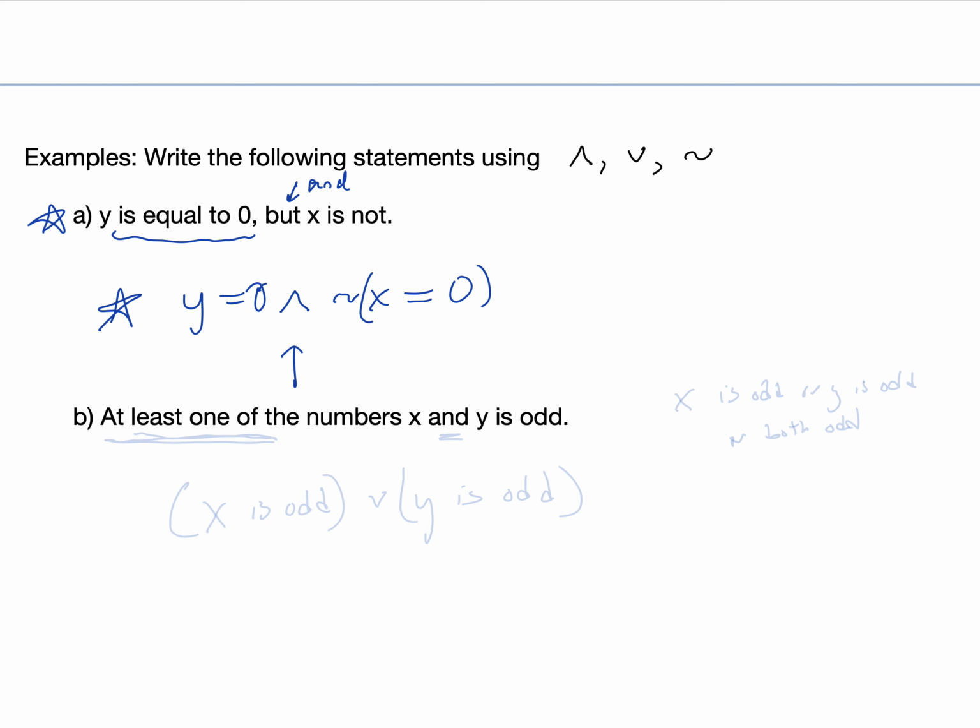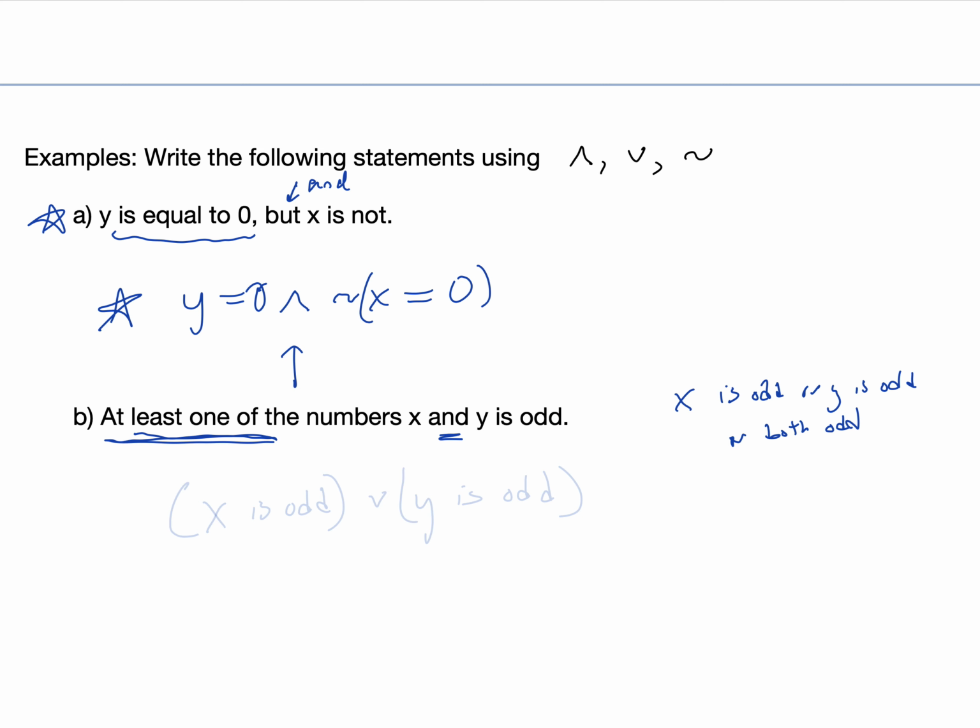Next one, at least one of the numbers x and y is odd. This one's tricky because there's an and in it, so you'd think that we might use the and operator, but think about logically what this is saying. At least one of the numbers x and y is odd. So when would that be true? That would be true if x is odd, or y is odd, or both are odd, right?